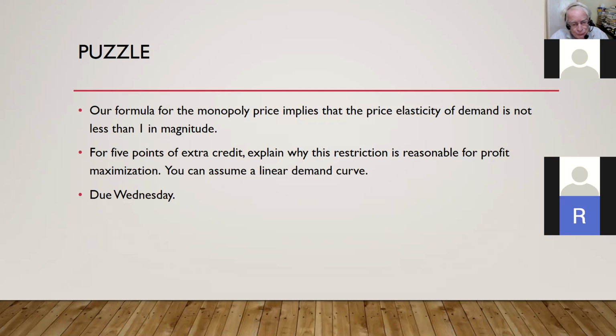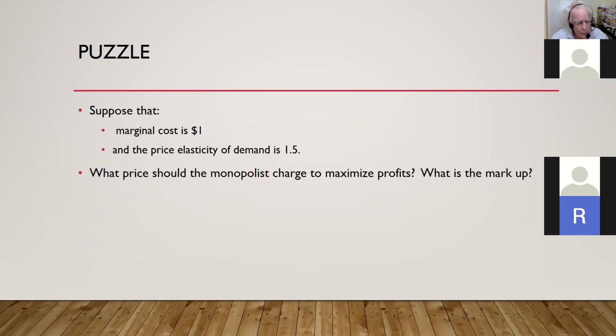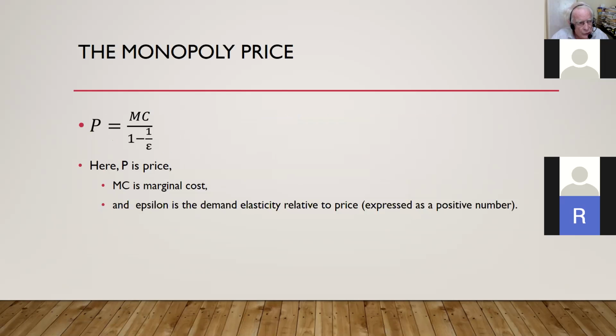However, here is a more challenging puzzle. Our formula for the monopoly price implies that the price elasticity is not less than 1 in magnitude. So there is the expression. Suppose, for example, that the elasticity is very close to zero, a very low sensitivity to price.